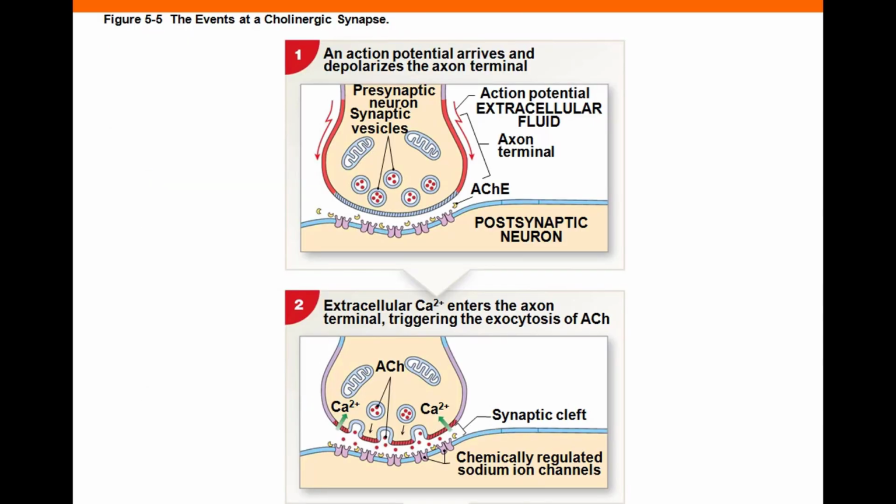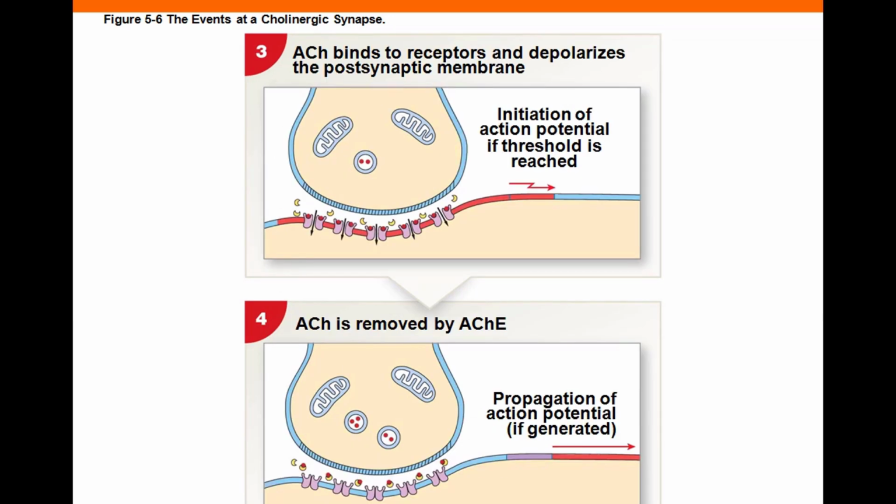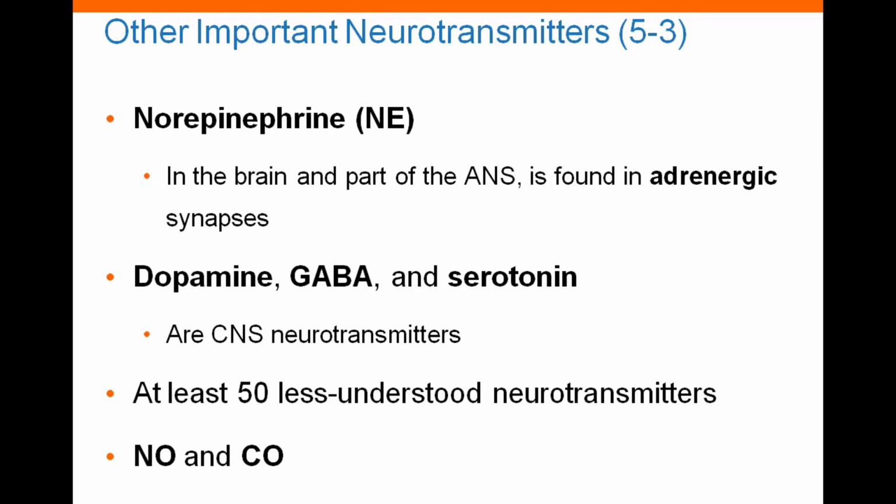There are other important neurotransmitters except acetylcholine. For example, norepinephrine, or as we know, adrenaline, or norepinephrine in the brain, and part of the autonomic nervous system, is found in adrenergic synapses.